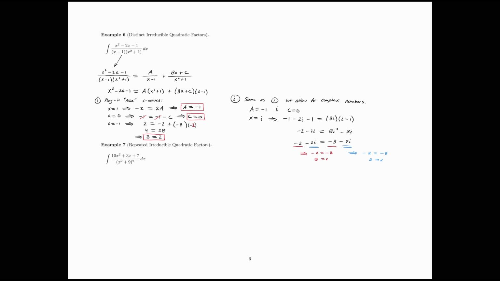So we know that this is going to be the integral of negative 1 over x minus 1 dx, and then here we have the integral of 2x over x squared plus 1 dx.